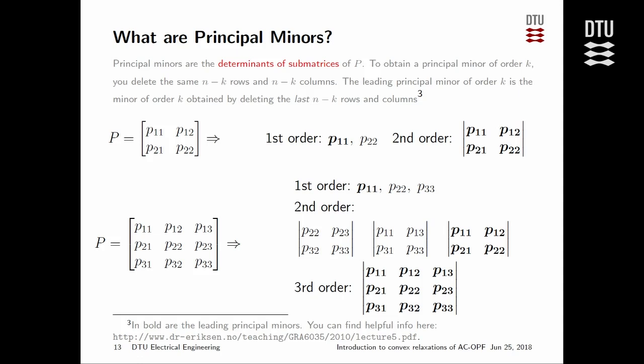For the leading one, we need to remove the last column and the last row, okay? And we get this one. And then we check this determinant. Is this non-negative? If it is, then we go on. And then we remove one more column and one more row. And then we're left with P11. Is that non-negative? If that is as well, then we can say that our matrix is positive semi-definite.